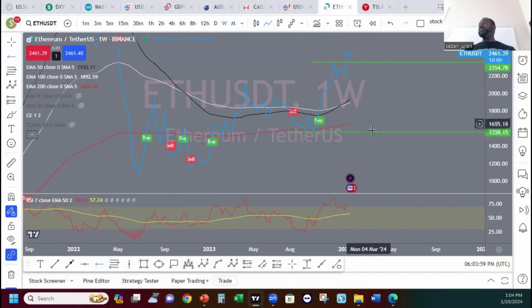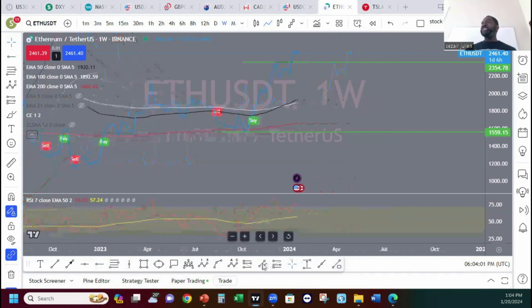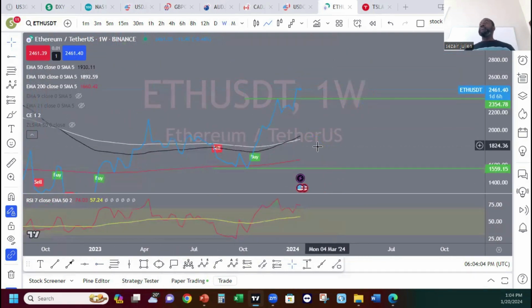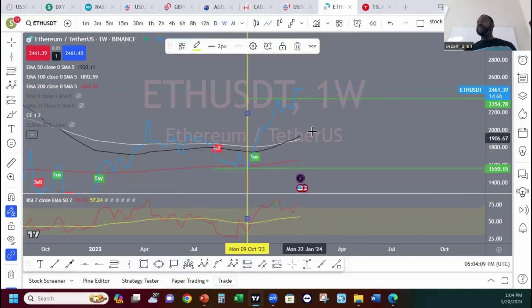So now we're looking at the chart. From this time here, we're looking at Ethereum.